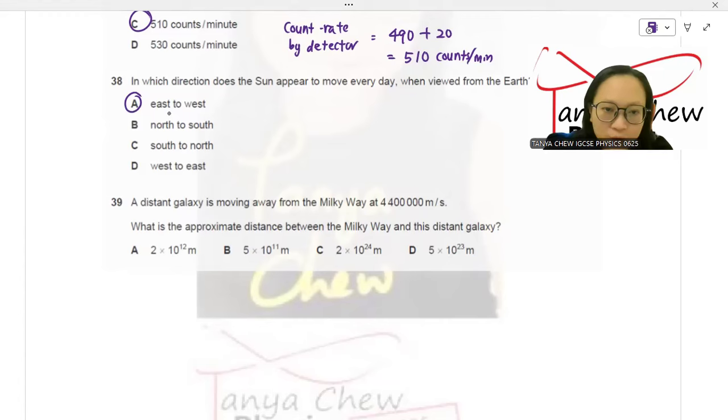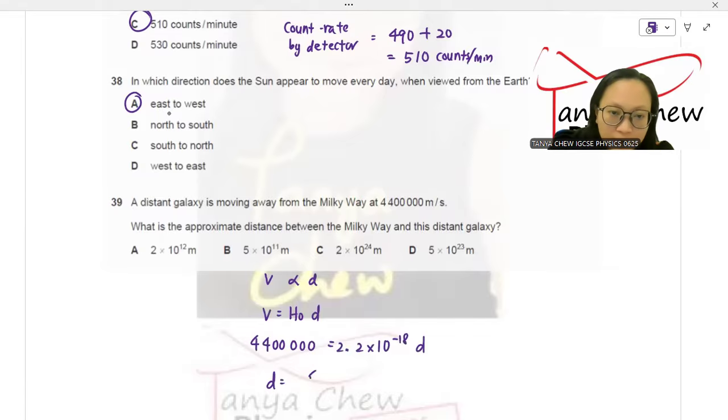So you have to know that speed of the galaxy that's moving away is directly proportional to the distance between the galaxy and the Earth. So to get rid of this proportionality symbol, I put Hubble constant times D. So the speed is given, 440,000, and Hubble constant is 2.2 times 10 to the power negative 18 per second times the distance.